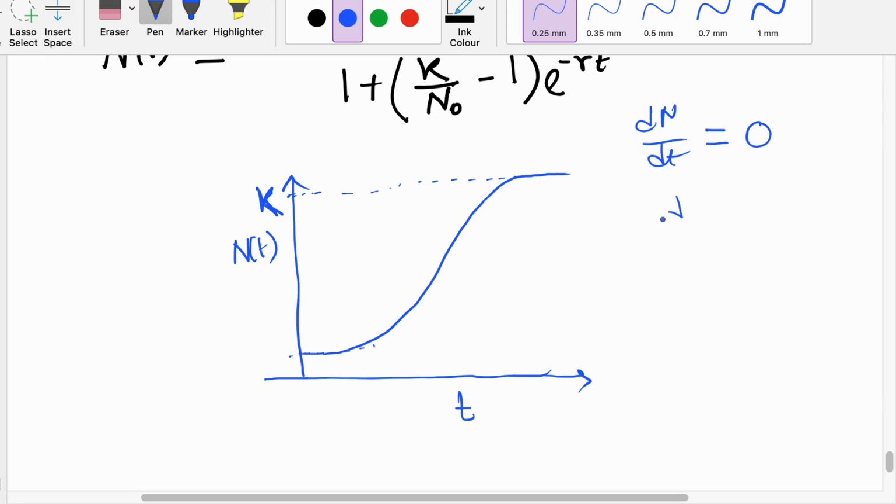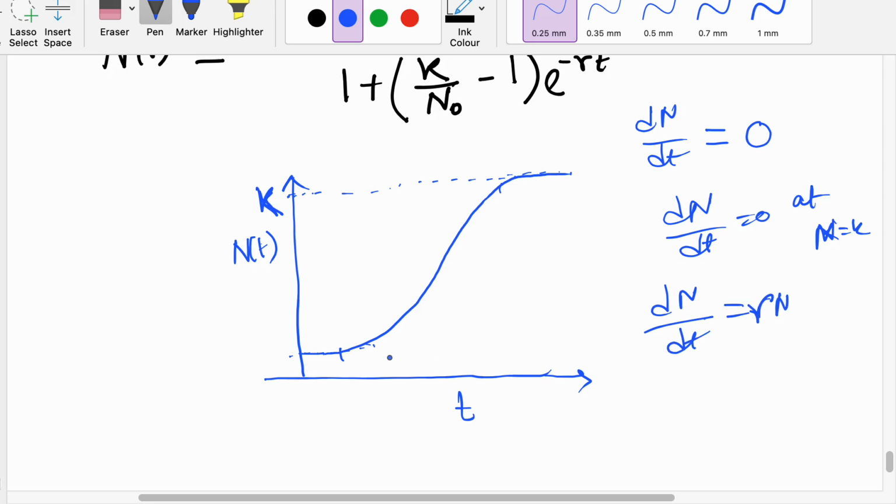Again it will become 0 at n equal to k, so it becomes horizontal, and in between it will follow dn dt equal to rn. So in between you can see it is exponentially growing, then it is becoming constant. So that's a way to visualize those equations, which is one way.